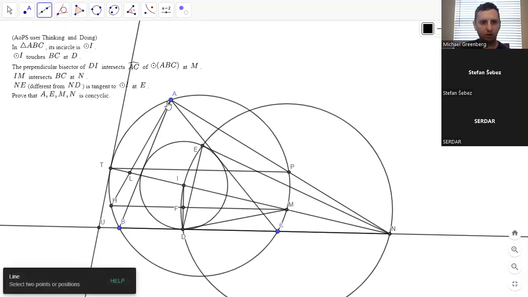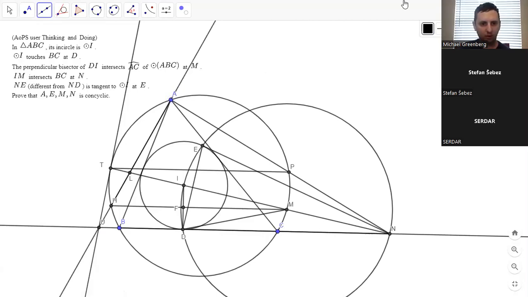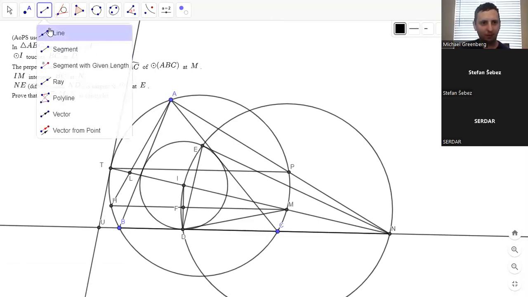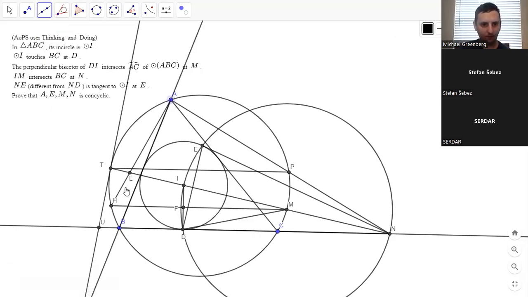So P should go to infinity. Oh, that concurs. I didn't see that. If we can prove that, that is for sure useful.